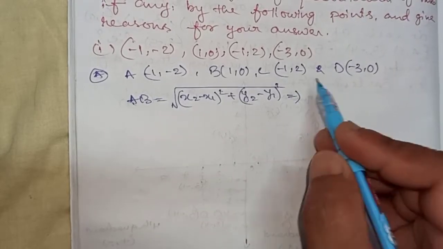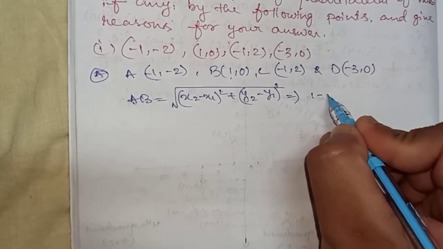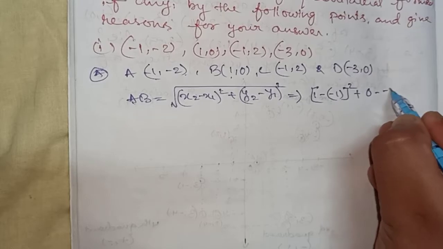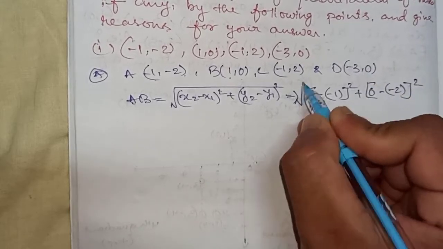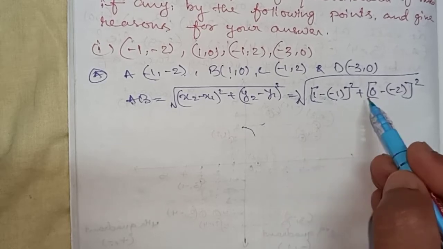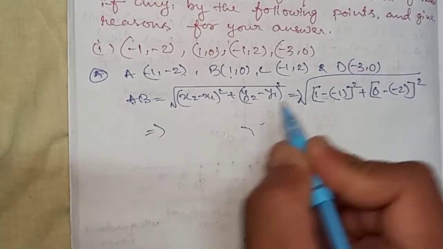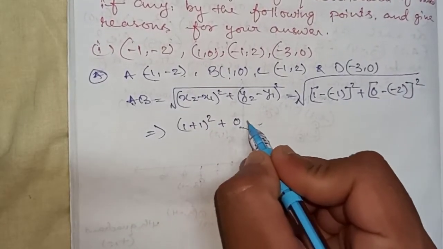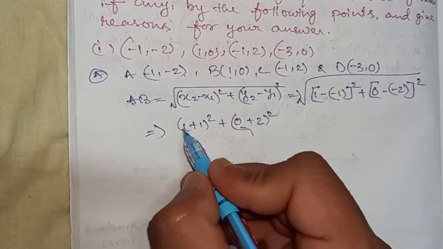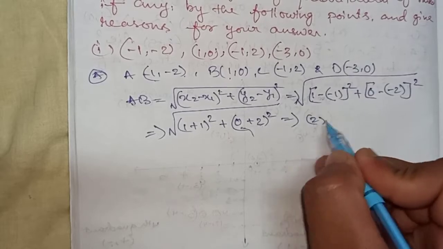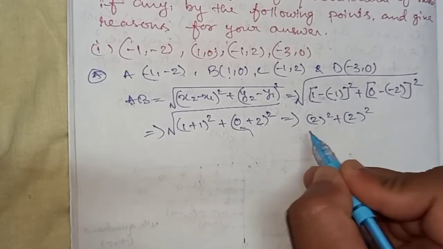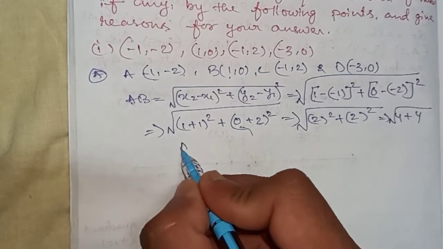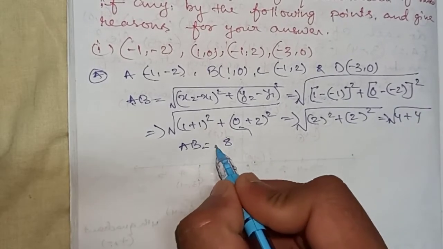Okay, x2 is 1 minus minus 1, whole square, plus 0 minus minus 2, whole square. 1 minus minus is plus, so 1 plus 1 whole square plus 0 plus 2 whole square, under the root. 1 plus 1 is 2, square is 4; 0 plus 2 is 2, square is 4; 4 plus 4 is 8, root 8.